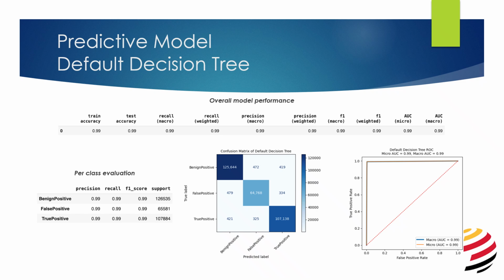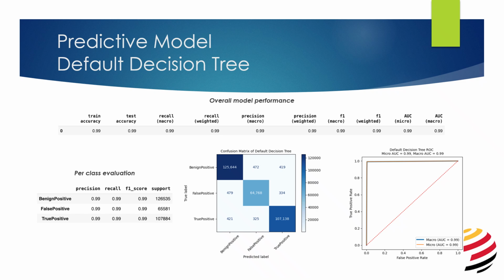Now, attention shifts to the default decision tree, which delivers outstanding results. Both train and test accuracy hit 99%, and precision, recall, and F1 score for every class are also 99%. The confusion matrix shows only a handful of errors, fewer than 500 per class, indicating almost perfect classification.